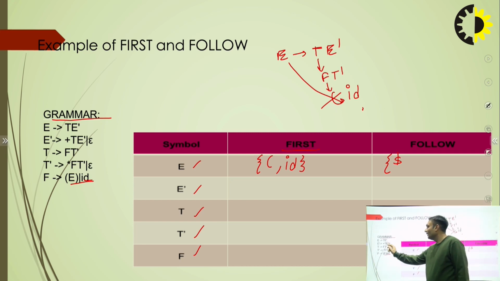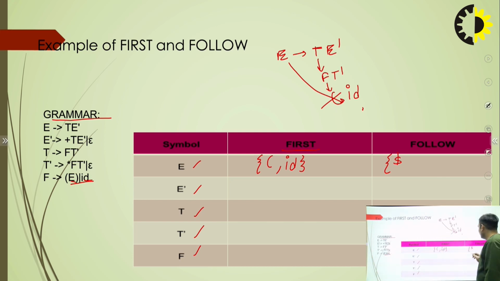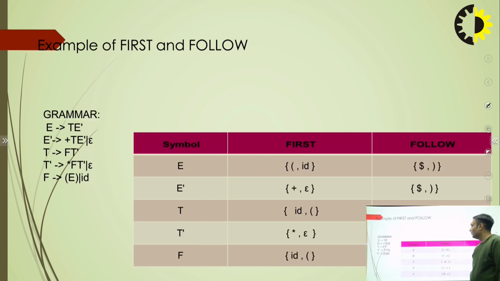We will see where E is. E is here. Who is following this E? Close bracket. So close bracket will also be part of this follow. So you can see open bracket and ID will be the first, and dollar and close bracket will be the follow.